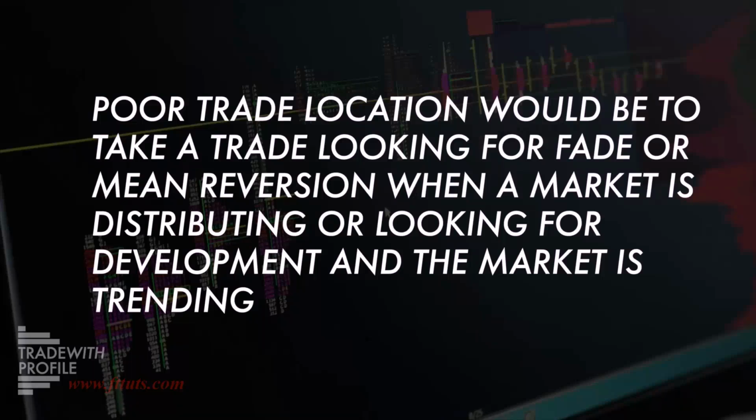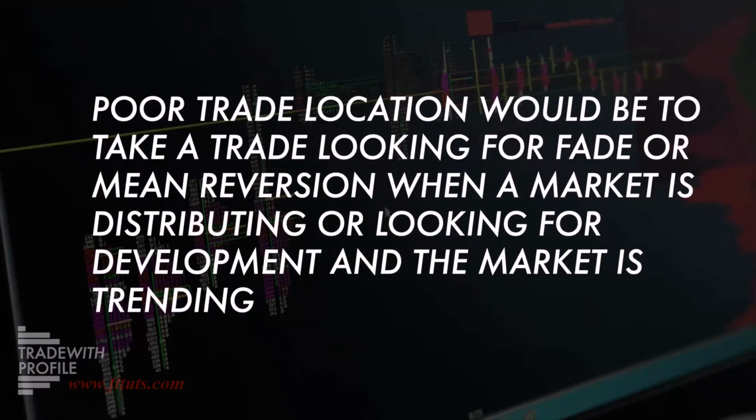If I'm looking for a fade back to the middle and I'm in a distributing trending environment, it's not going to work. And if I'm trying to find that breakout trade and yet I'm in a range bound developing market, that's not going to work either.